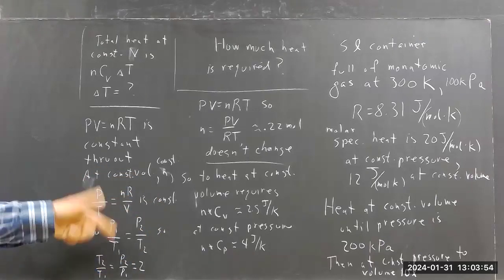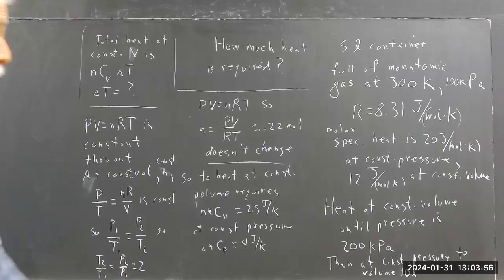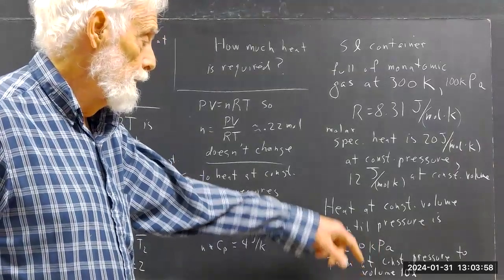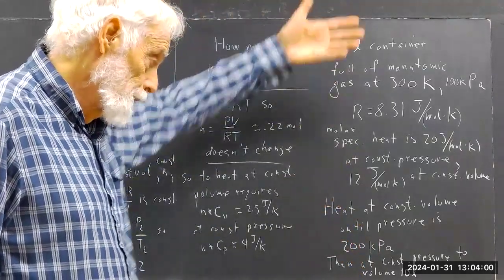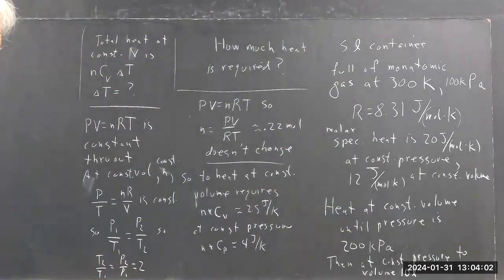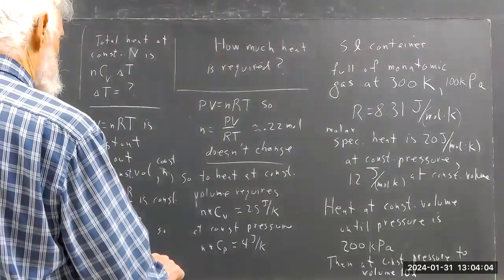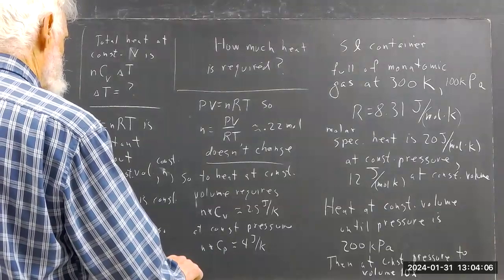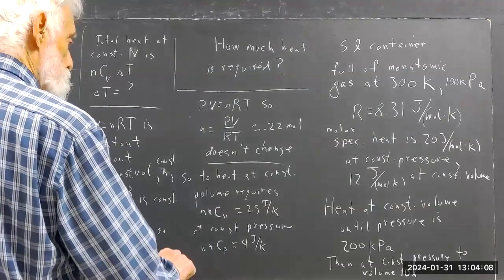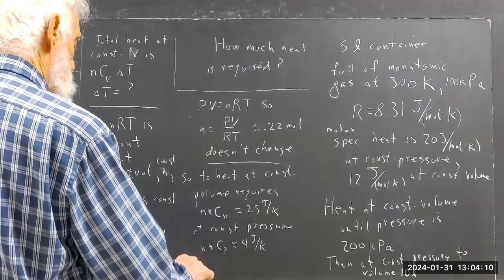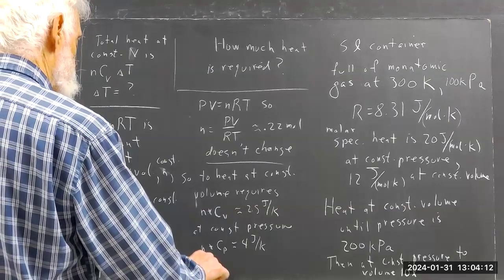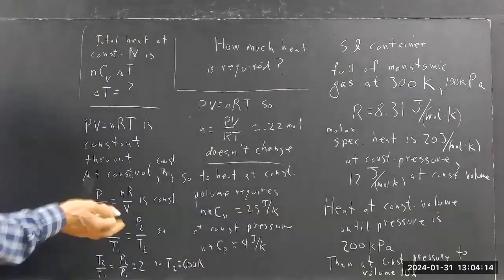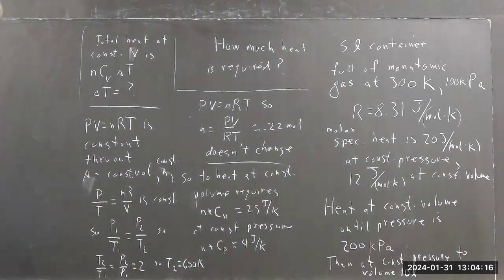So we get T2 over T1 is P2 over P1. P2 over P1 is 200 kilopascals over 100 kilopascals, which is 2. So T2 is going to be 600 Kelvin. That's how you can work it out very rigorously. Okay, pretty simple steps.